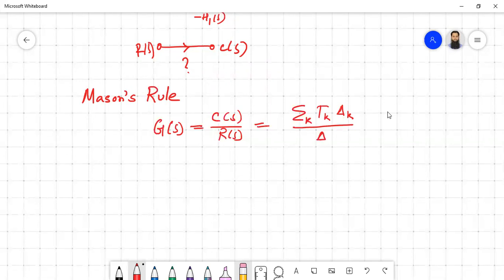Very simple looking formula. So here K is number of forward path.